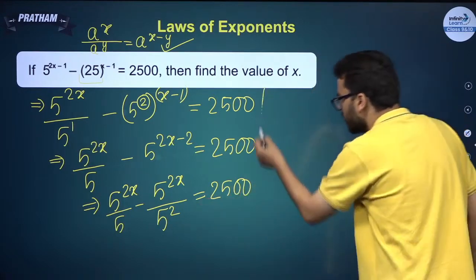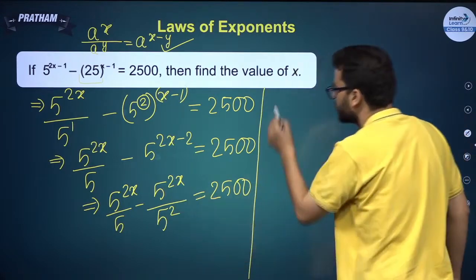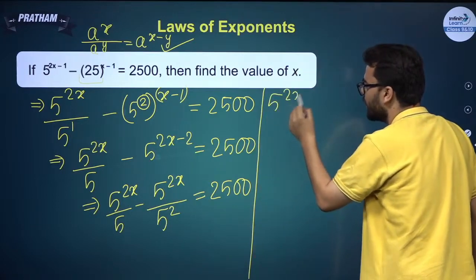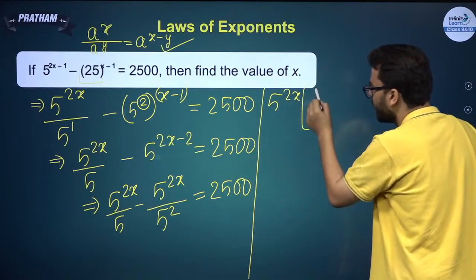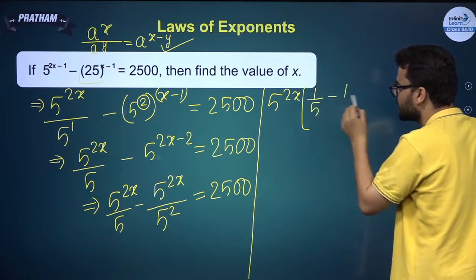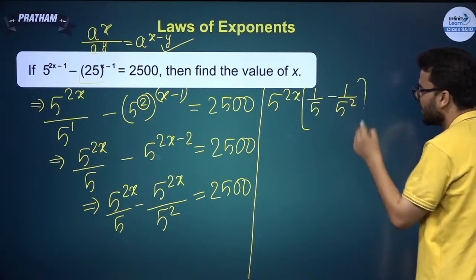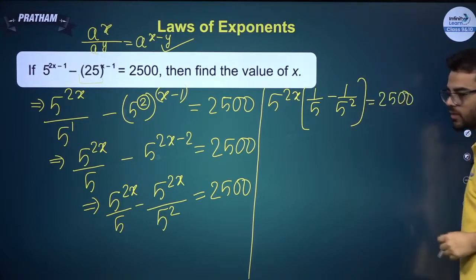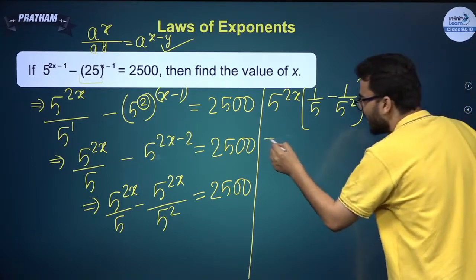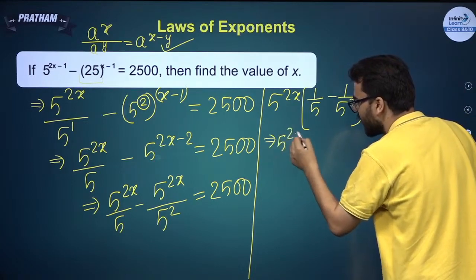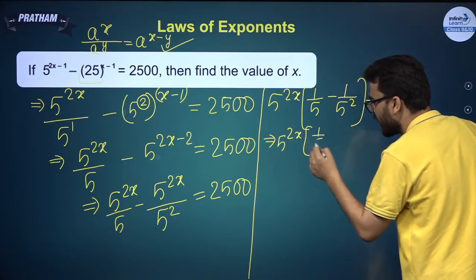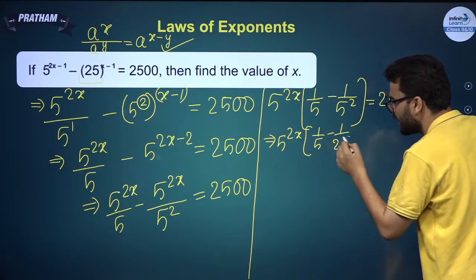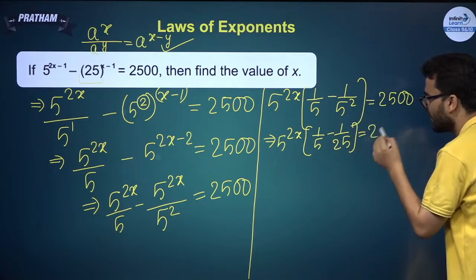Now, can I take 5 raised to the power 2x as common in the numerator? So I will be left with 1 by 5 minus 1 by 5 square, correct? And this is equal to 2500 over here. Let's simplify. This is 5 raised to the power 2x times 1 by 5 minus 1 by 25, and that is equal to 2500.